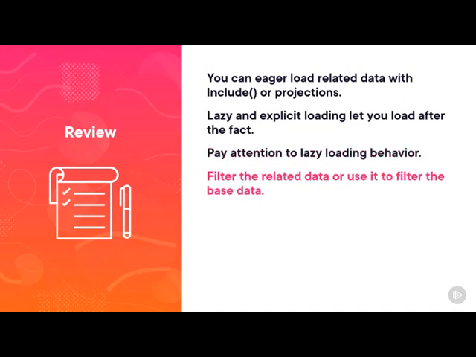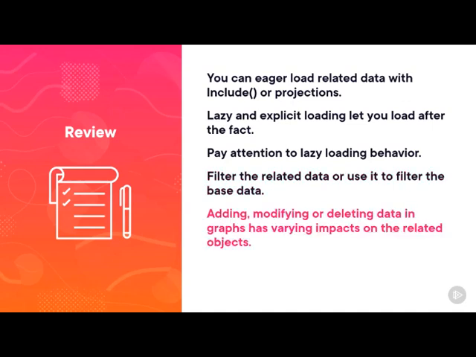You also learned about filtering the queried data, or just using it to filter the base data that you're querying. While learning about adding, editing, and removing related data from graphs, you also saw that there are a lot of specific behaviors to be aware of, and those can also be affected by whether or not the change tracker is in scope as you're making those changes.